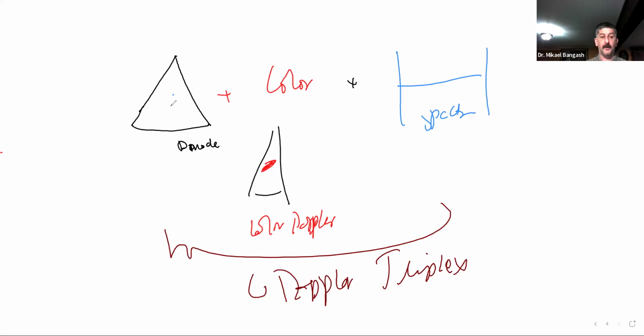Because what do you have? You have the B mode, color mode, and spectral Doppler mode. So it becomes a triplex.